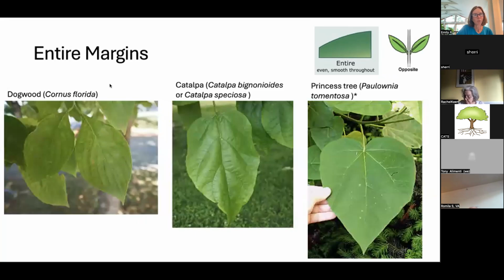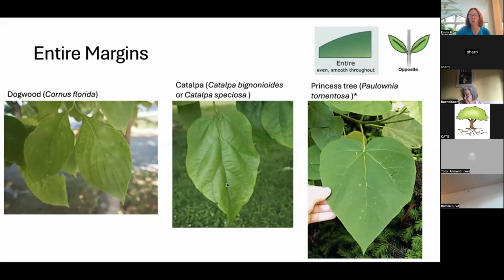And then we have some more, but these are opposite entire margins. So that's where our dogwood falls, and we've got two of those with the opposite branching shown right there. And we have catalpa here, which sometimes can have some teeth, but for the most part, it was listed as being a smooth entire margin or wavy margined.